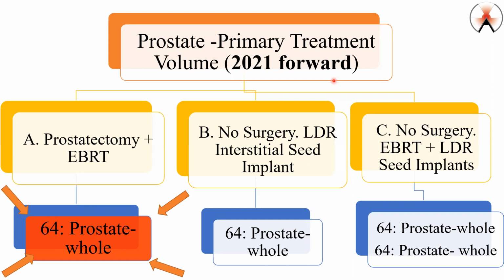Okay. Example, this patient had a radical prostatectomy, so the prostate was removed, and they came in for external beam radiotherapy. Your primary treatment volume 2021 forward is going to be the prostate.